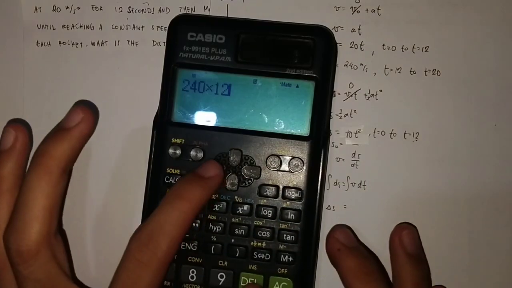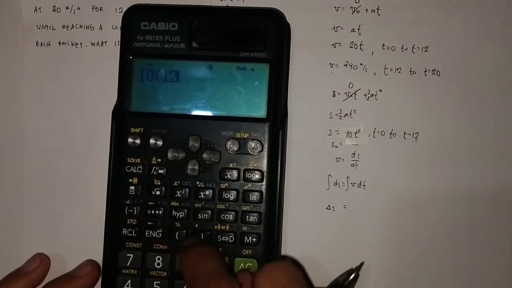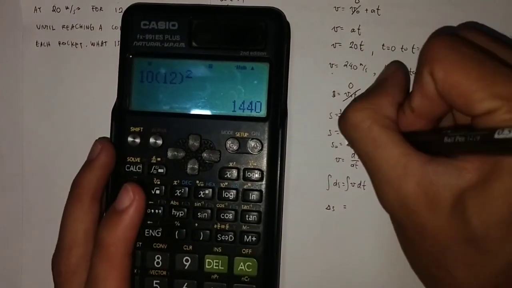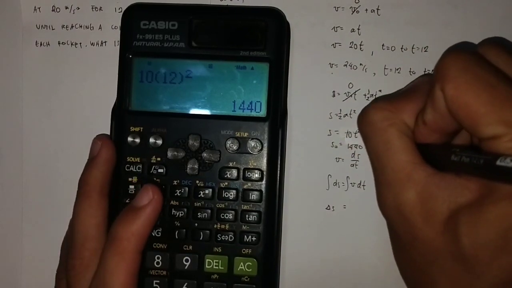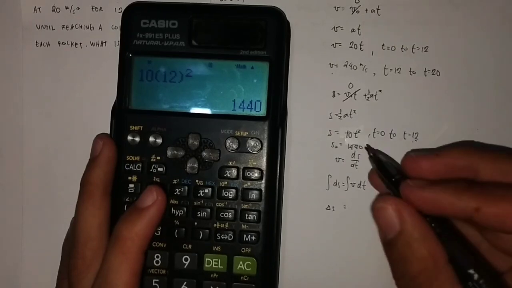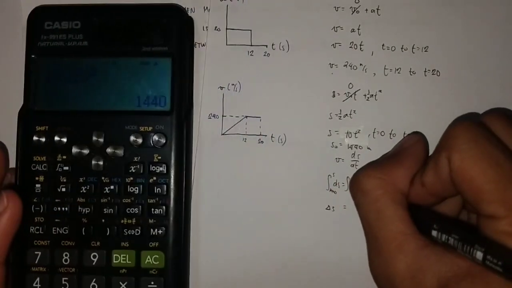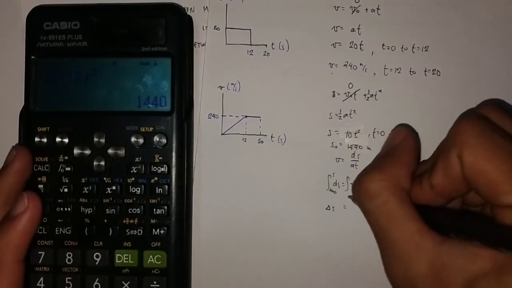Therefore, our s at 12, we have 10 times 12 squared, which is 1,440 meters. We can put that in our limit, 1440 to s.